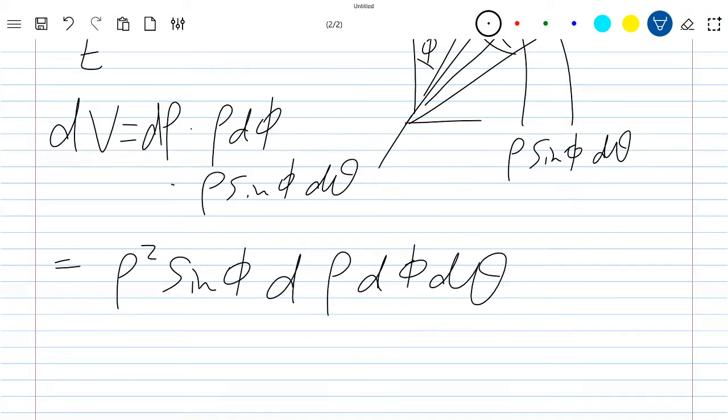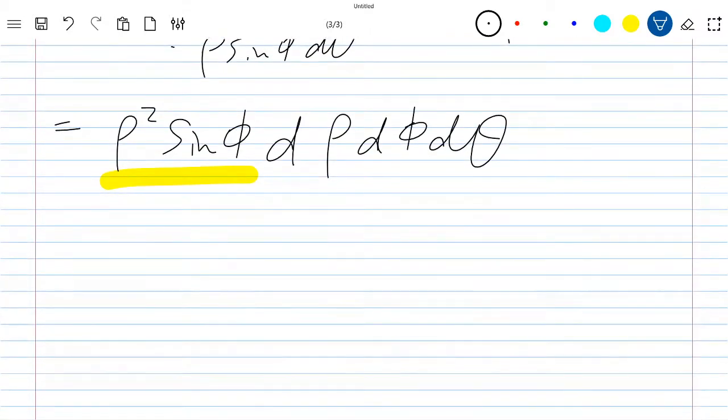So it's more complicated than before. In cylindrical coordinates, we only have a rho in front of d rho d theta dz, but now we have this rho squared sine phi. And don't forget this sine phi, because that's something unusual.